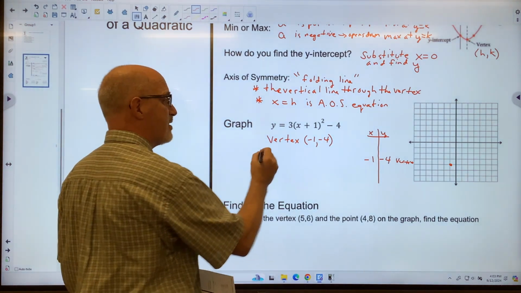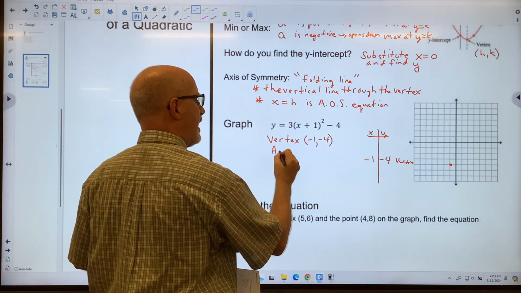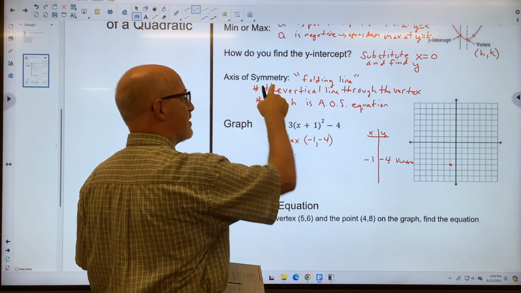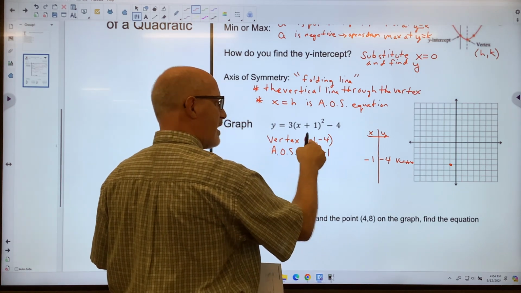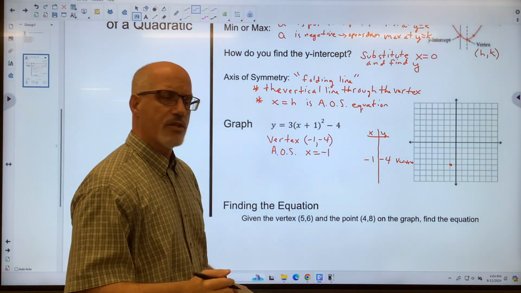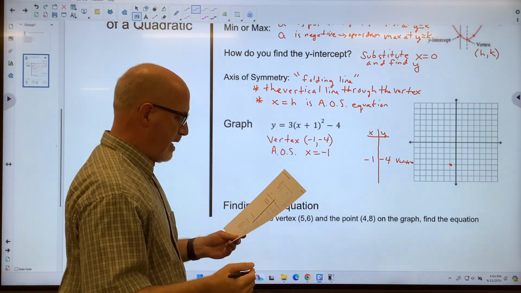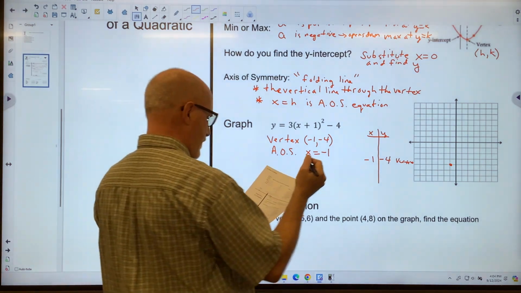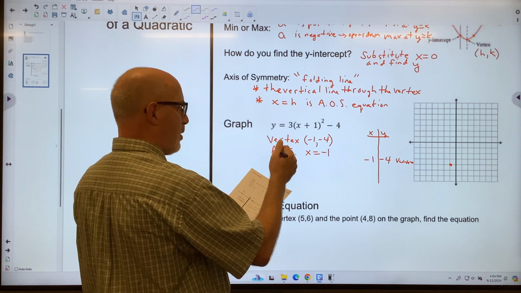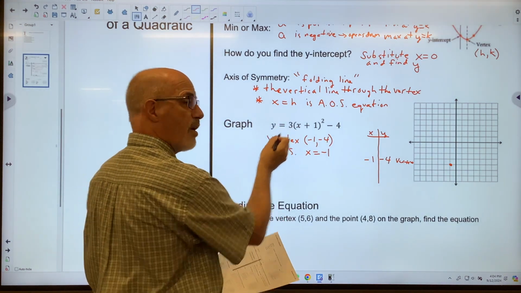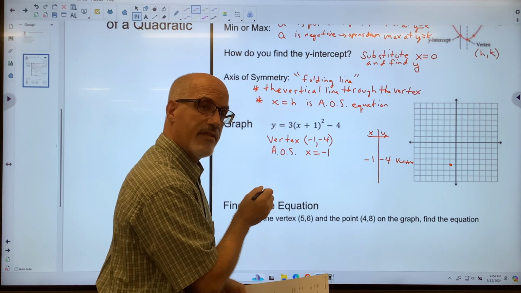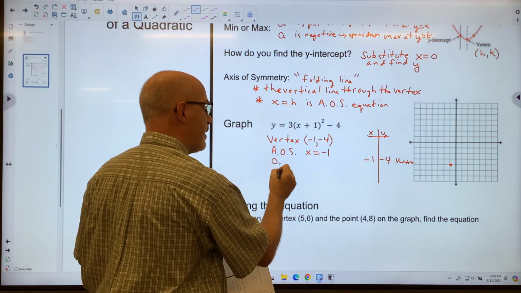Next, we'll list the axis of symmetry, AOS for axis of symmetry. That's just x equals the x value at the vertex. So you just give that equation. Let's go ahead and figure out how it opens and if we have a min or max. Because the number in the front is positive, it's going to open up.